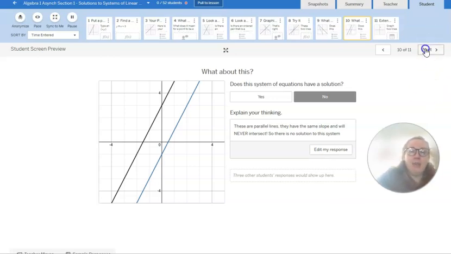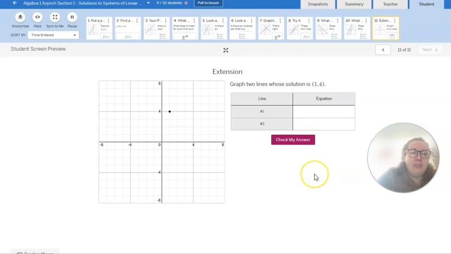Finally, slide 11 when you're ready. Graph two lines whose solution is (1, 4). So we have the point right here. So if we were to figure this out, let's say here's our y-intercept. I'm just picking a number, 7. So the slope from that point, the 7 y-intercept, down here is going down 3 and over 1.